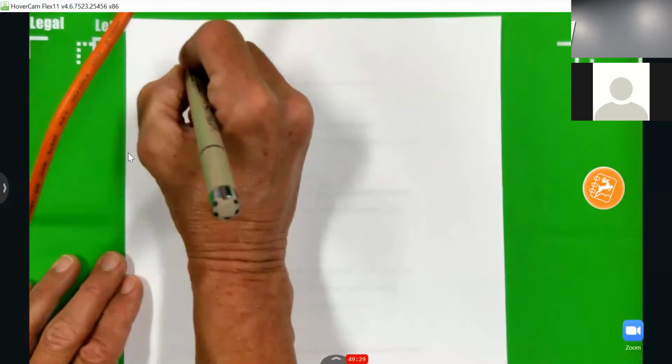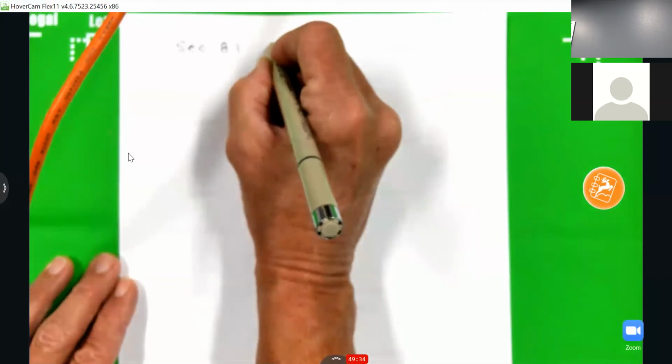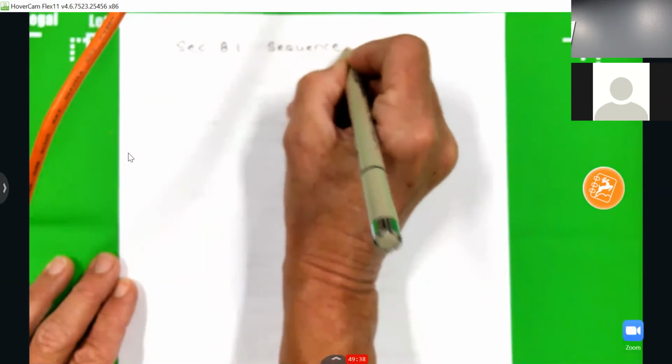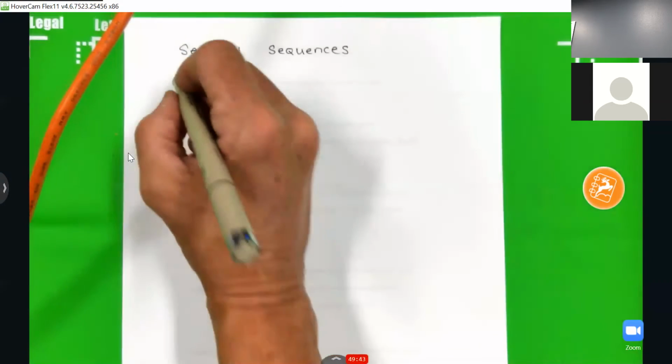So in section 8.1, how about sequences? A sequence is a list of numbers.